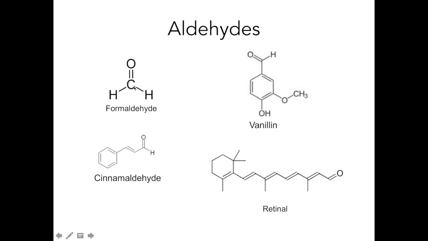Aldehydes include things like formaldehyde that has been used as a preservative, and a lot of compounds that are flavors, like vanillin is an aldehyde that gives vanilla its taste, and cinnamaldehyde is an aldehyde that gives cinnamon its taste. And then retinal is an aldehyde that is an important part of our visual system.